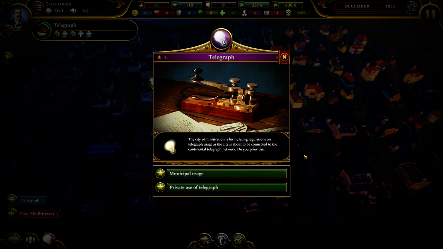Telegraph. The city administration is formulating regulations on telegraph usage as the city is about to be connected to the Continental Telegraph Network. Do you prioritize municipal usage or private use? Okay, so this is something I was curious about also. It seems like because you have your own funds, you can try to take some of the money and put it aside for yourself. I am going to be supporting the city as much as possible.